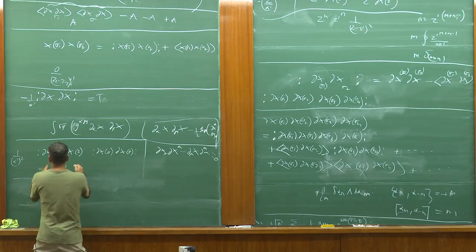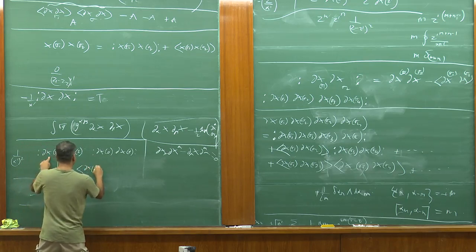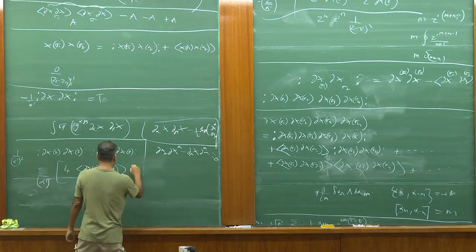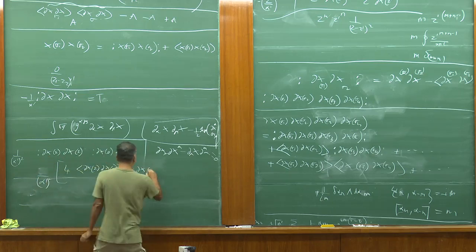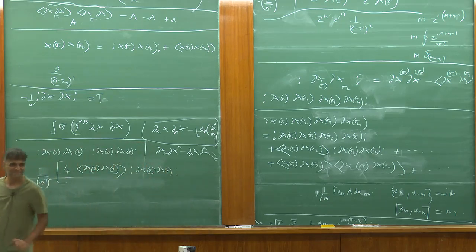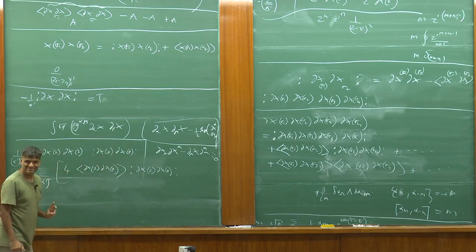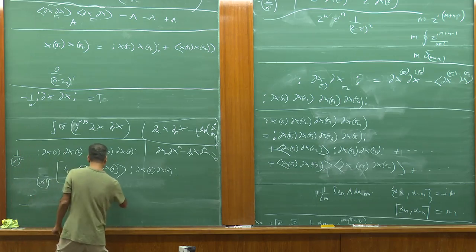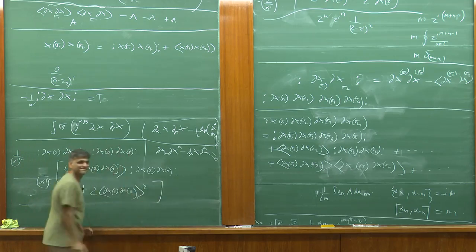Then I have the two-point function del x of z, del x of 0. And then what's left behind is the normal ordered operator, del x of z, del x of 0. Plus, I have the term where I contract both away. So plus I have 2 times del x of z, del x of 0, the whole thing squared. Is this clear?